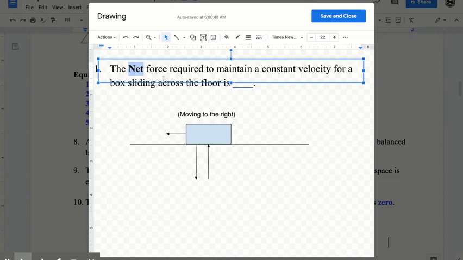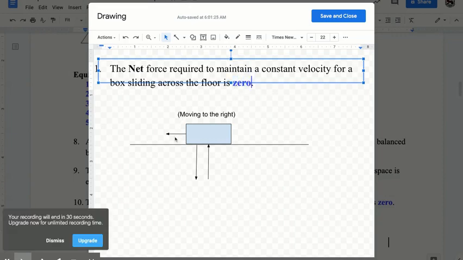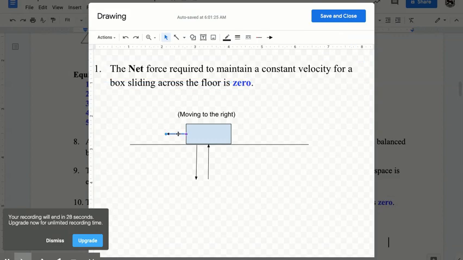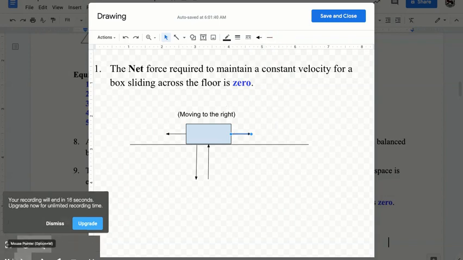So the fact that the word net is here makes this a 0. And what that means is that you have this over here, pointing the other way. And now my net forces are 0, and now this can go at a constant velocity.